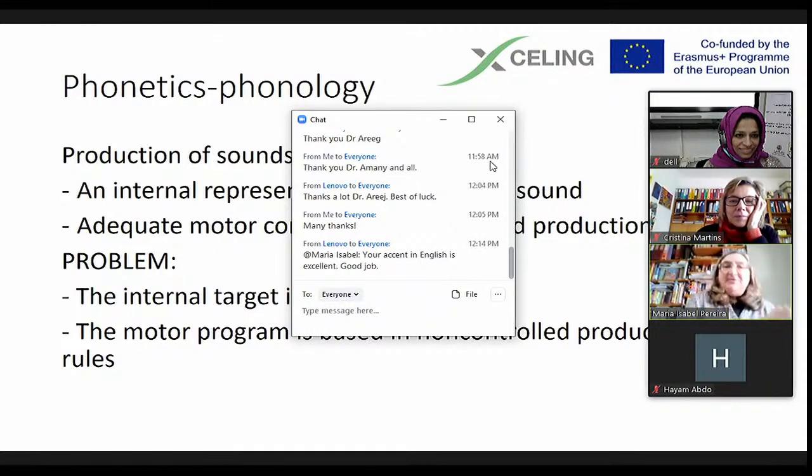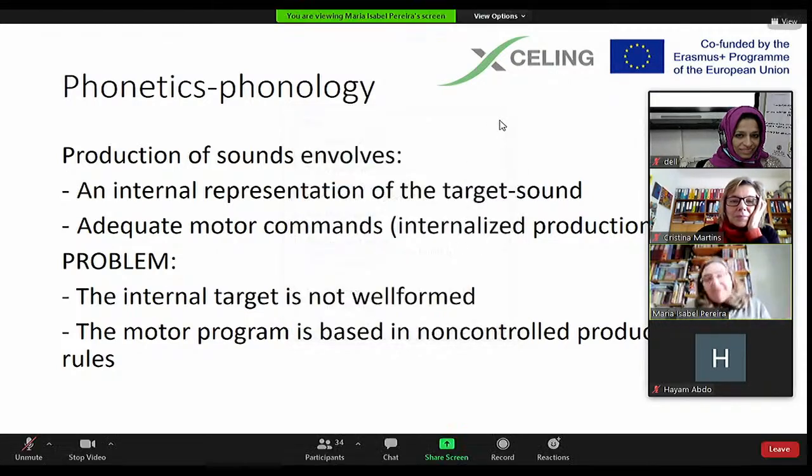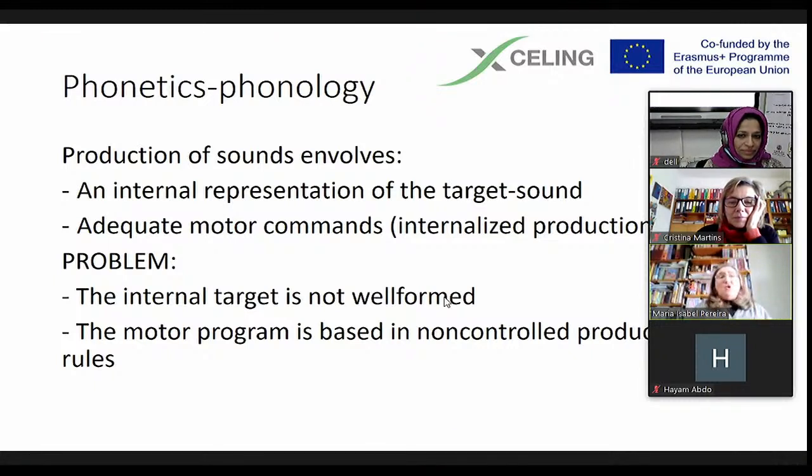So there may be a problem when you learn sounds from a different language. The internal target is not well formed. So you have an image of the sound that doesn't correspond exactly to the target. And on the other hand, the motor program is based in non-controlled production rules.